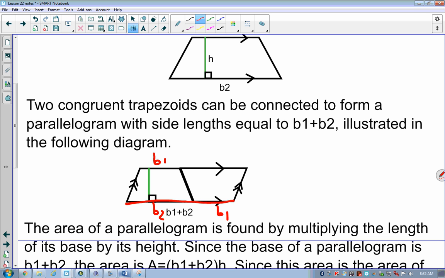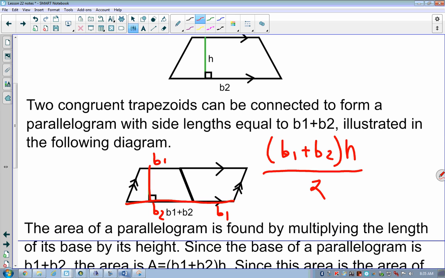I can do base times height, but because the area is twice what it should be, I have to divide by 2. That's how we get base 1 plus base 2, times the height, divided by 2, the area formula for a trapezoid.